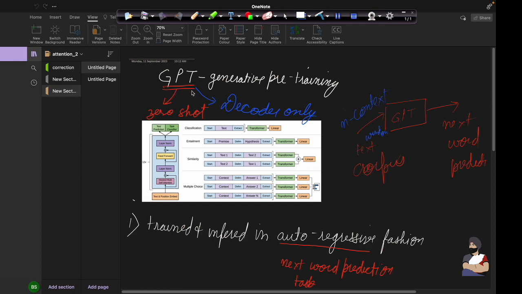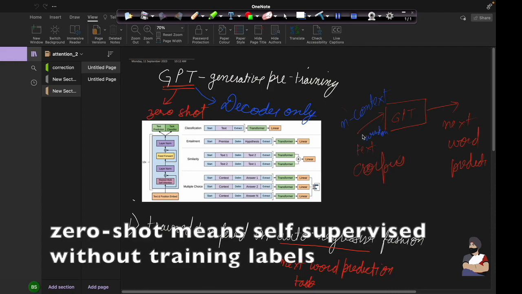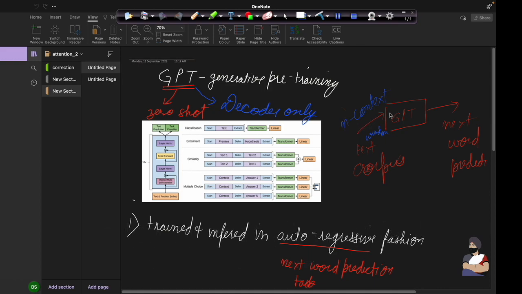So GPT is a generative pre-training. Basically, it's a decoder-based transformer which is trained in a zero-shot fashion. Zero-shot means we have a huge text corpus, and it's trained with a context window of size n, which I think is 32K in the case of the largest GPT-4 models. So it's trained with 32K tokens, and the task of the GPT is to perform next token prediction.